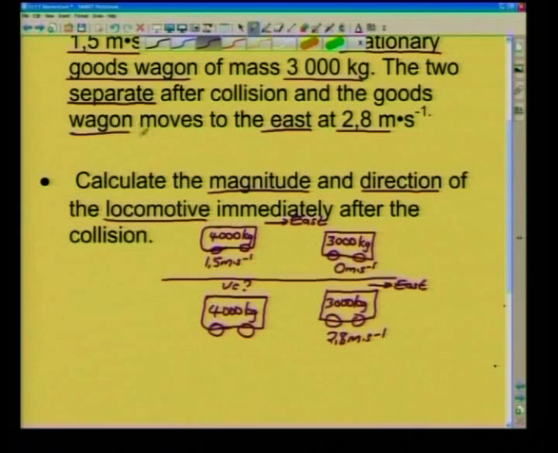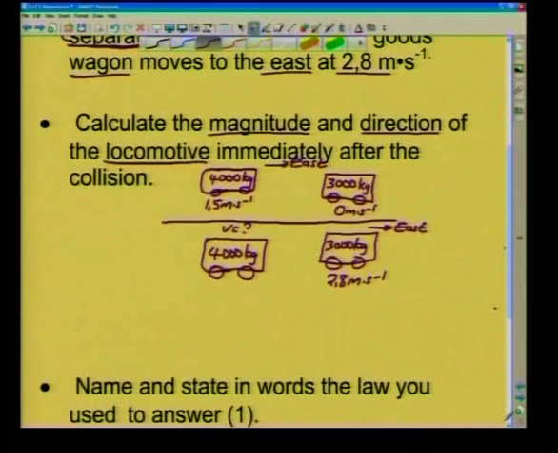Because they separate after collision, from the principle of conservation of momentum, the formula I'm going to use is the one that says total momentum before equals total momentum after.